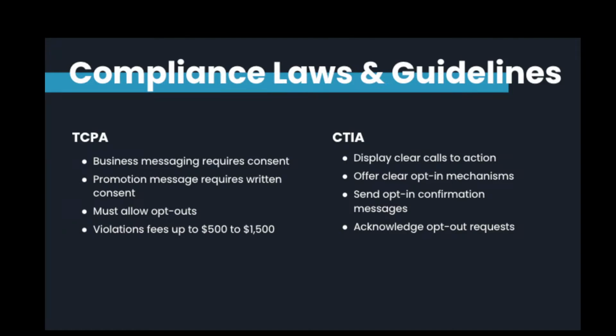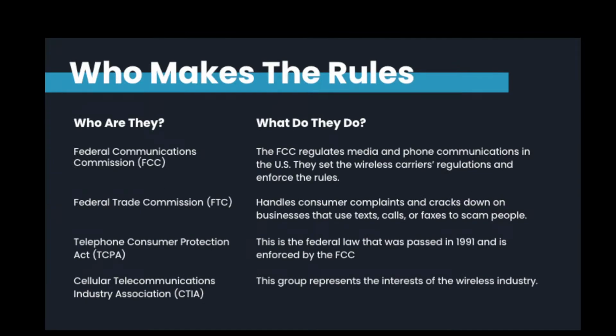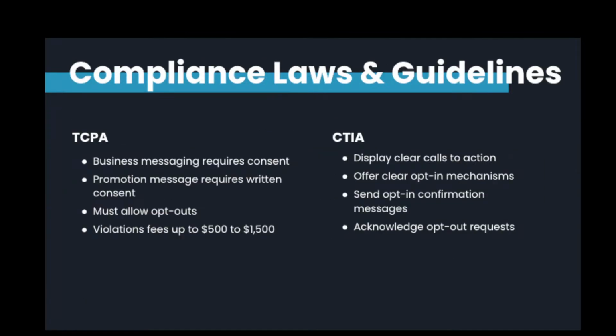These key principles are: you need to display a clear call to action. The customer needs to be made aware of exactly what they're signing up to receive. Offer a clear opt-in mechanism. The customer must consent to opt in to all recurring messaging programs. So this means that the customer must explicitly agree to receive messages before you can send them.